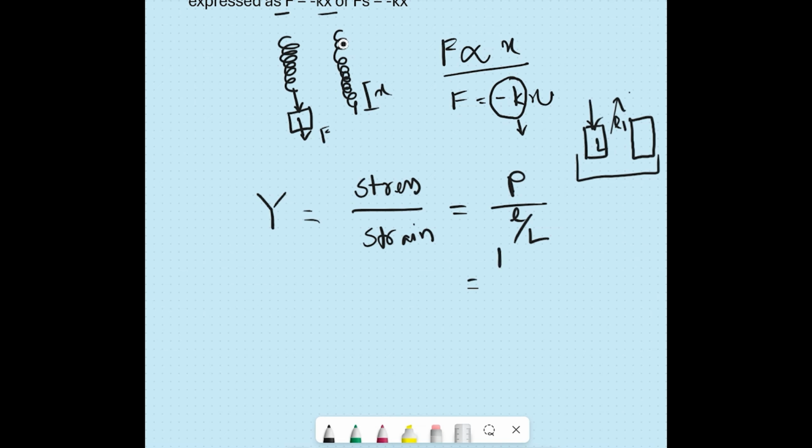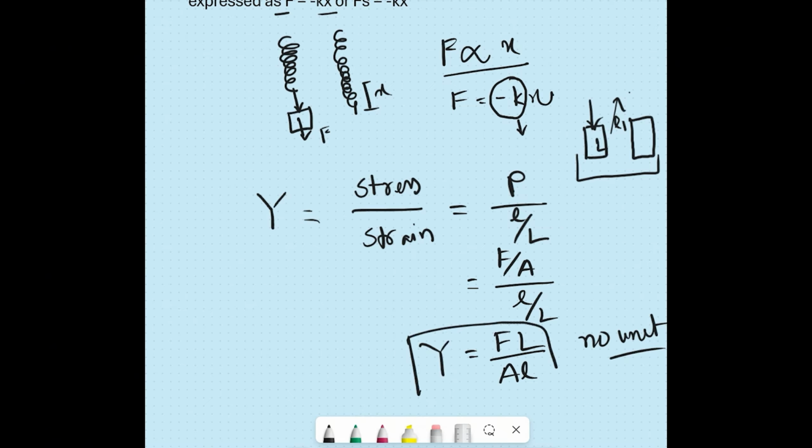Of course, F by A over the increased length by L. So we could write down FL by A times the increased length, and obviously there is no unit. And by using this equation, we could solve a couple of problems. I'll explain later in my next video.